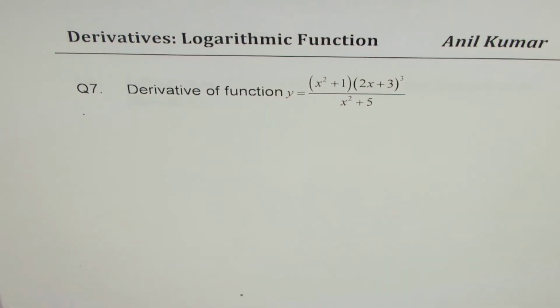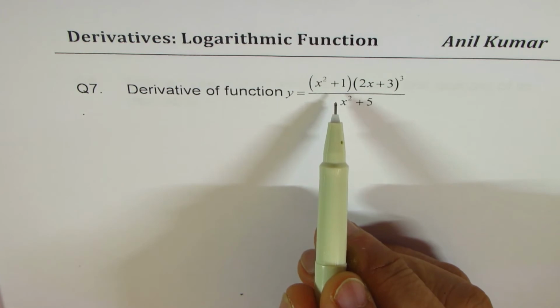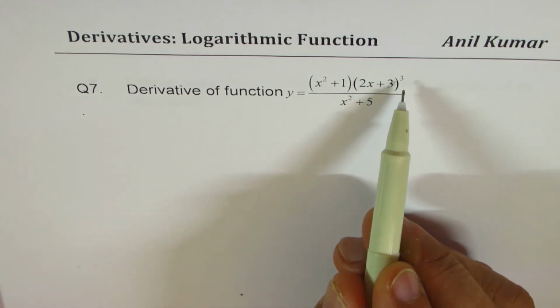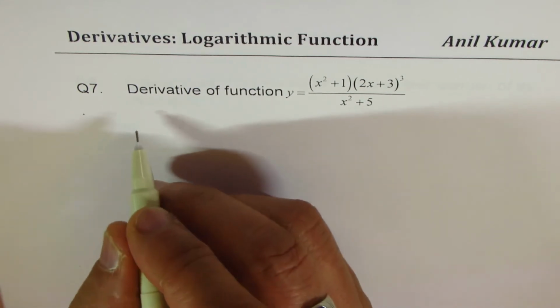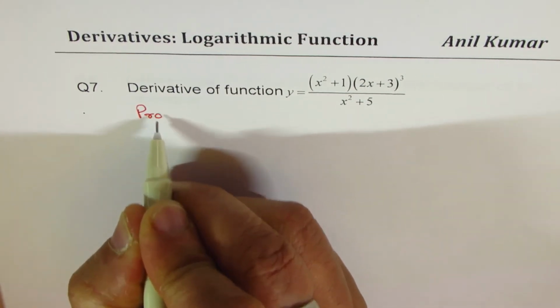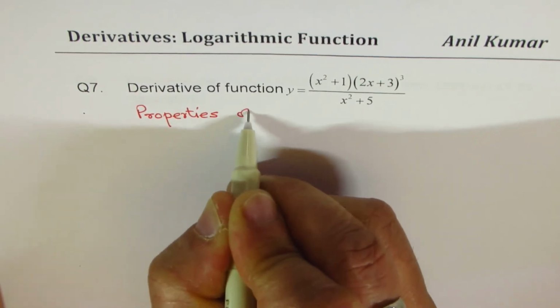Here is question number 7. You need to find the derivative of the function y equals (x squared plus 1) times (2x plus 3) whole cube divided by (x squared plus 5). Now we are going to use properties of logarithms to find this derivative, right?